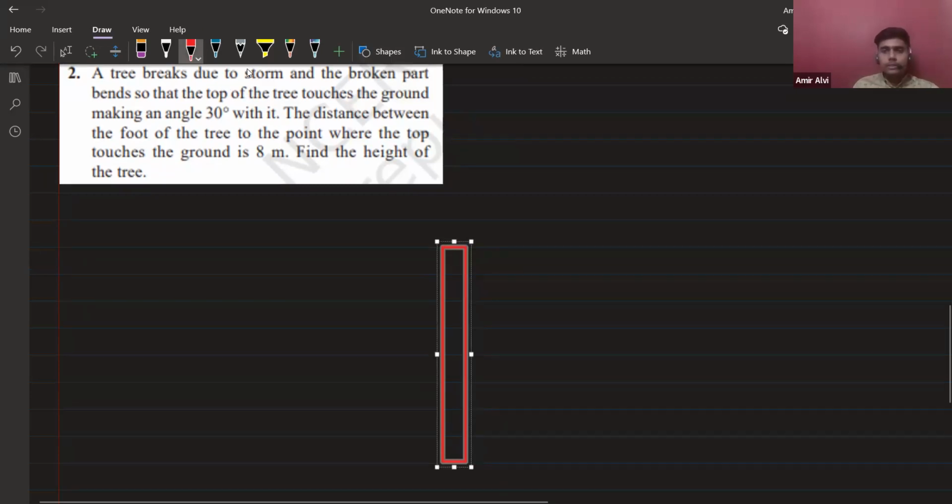Whenever there is a storm, the middle part of trees gets distorted and broken. The broken part bends in such a manner that the top of the tree makes a 30 degree angle with the ground. So it will be like this.